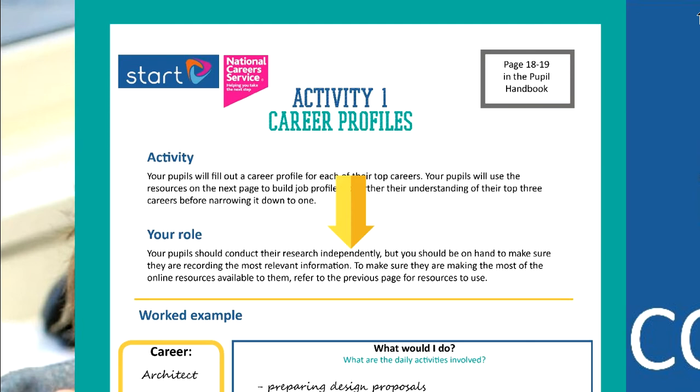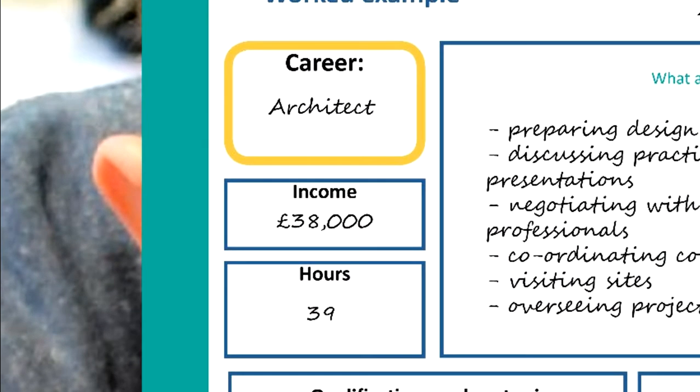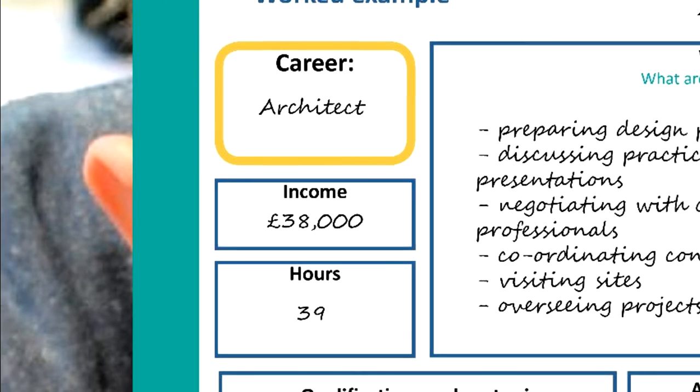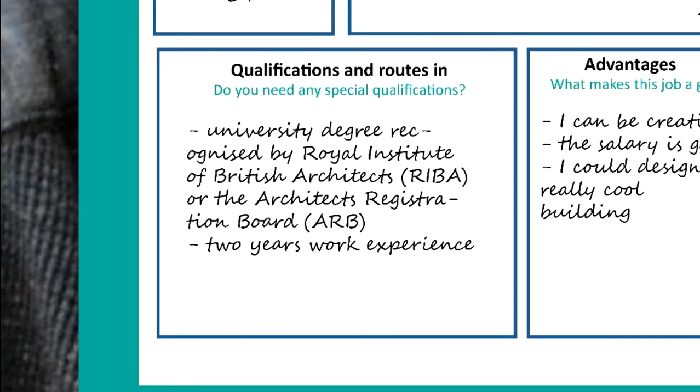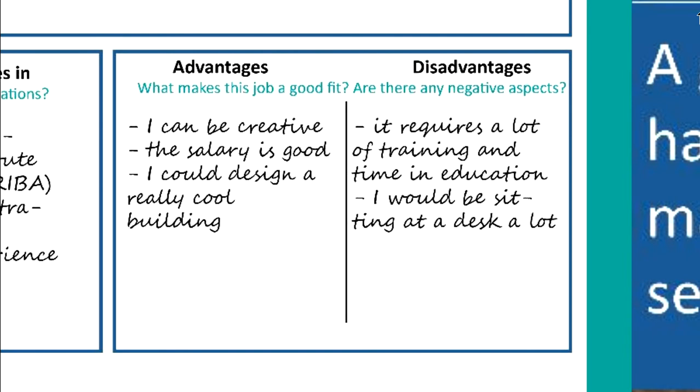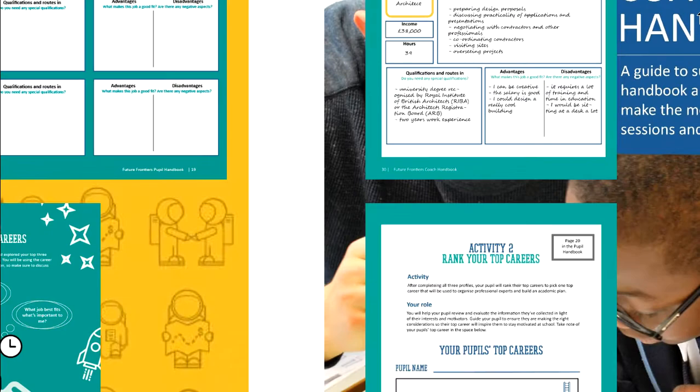This one talks about making sure that the research is done independently. For example, they could be looking at being an architect. So income of 38,000, hours 39 per week. What would they do? Get them to write down what they've researched, then qualifications and routes in, and then the advantages and disadvantages. Really simple.